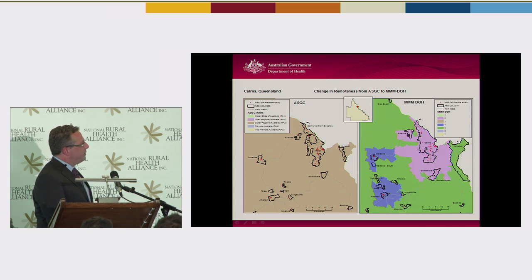But once we moved to Modified Monash, we have Cairns as a MM2 town, whereas these, and it's Mareeba and Atherton, again considered MM4. I was happy to hear when I showed my boss, who just started a job a few months ago, she actually came from this area, and she said, I think it was Mareeba, you didn't wear shoes, but you put them on when you went into Cairns when you're growing up.